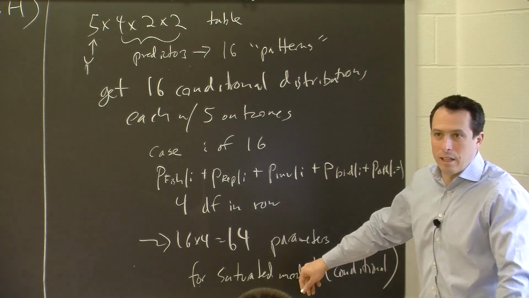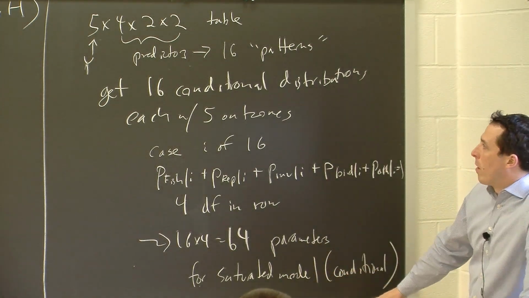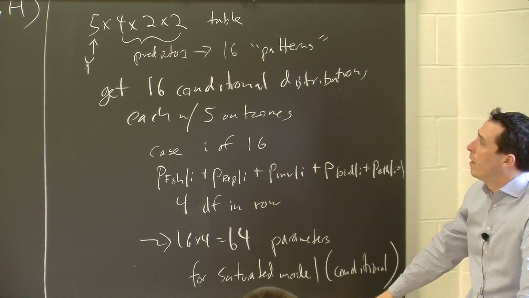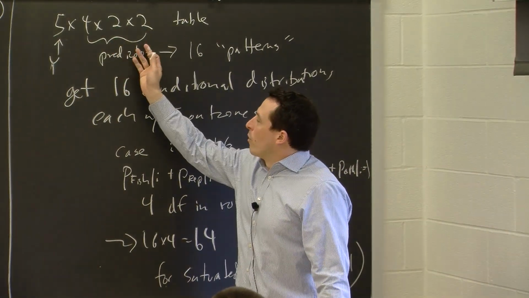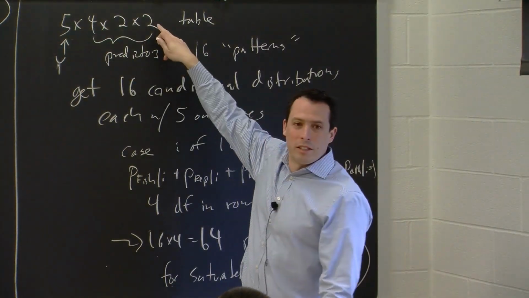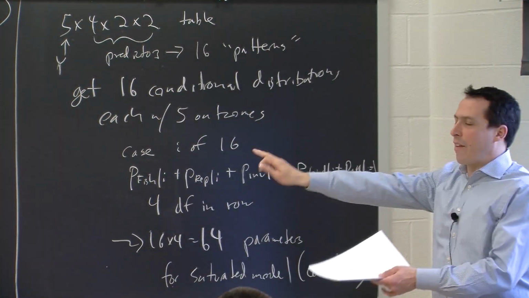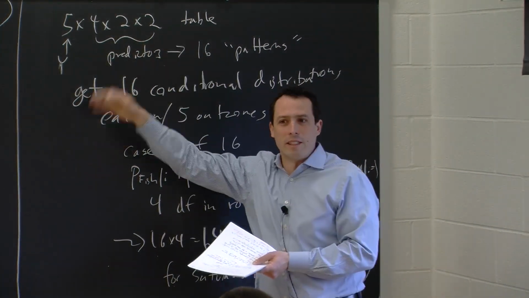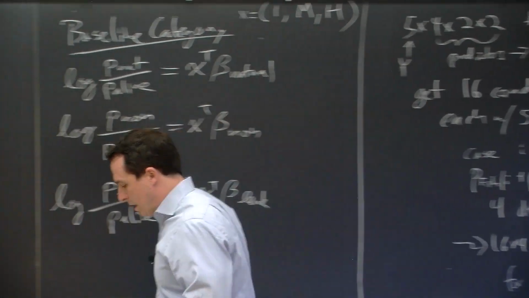What's special about this model is that we don't care about the marginal distribution of the predictors. Right? So we don't care what the probability of lake by size by gender is. We're punting on that, or maybe our data collection procedure tried to collect equal numbers of each of these or something. So that's not something we're interested in.